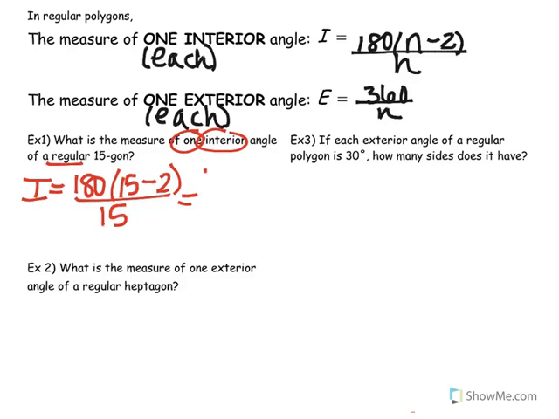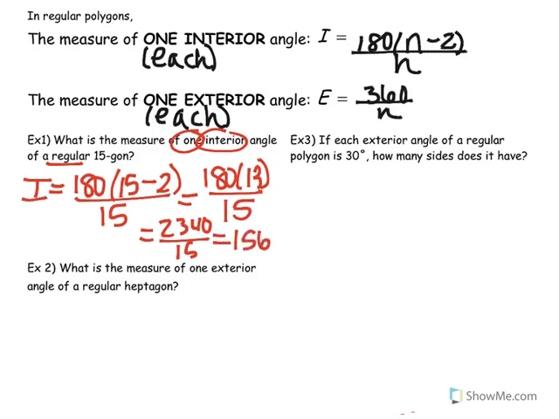That's 180 times 13 divided by 15, which gets us 2,340 divided by 15, which equals 156 degrees. So each interior angle is 156 degrees.